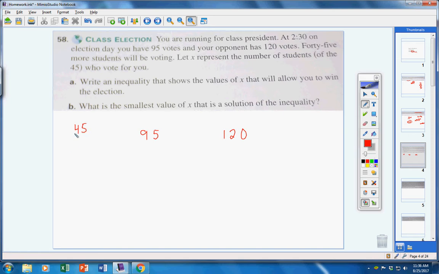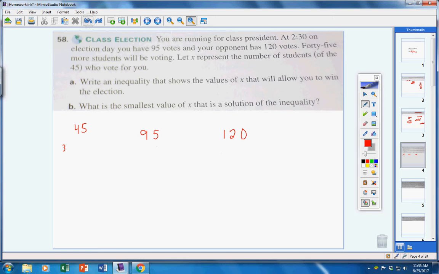Let's say you get 30 of these votes, okay? So if you get 30, your opponent gets how many? 15, correct? So add 30 to you, add 15 to your opponent: 125 for you, 135 for your opponent. That's not good enough. You need more than 30 votes, okay?